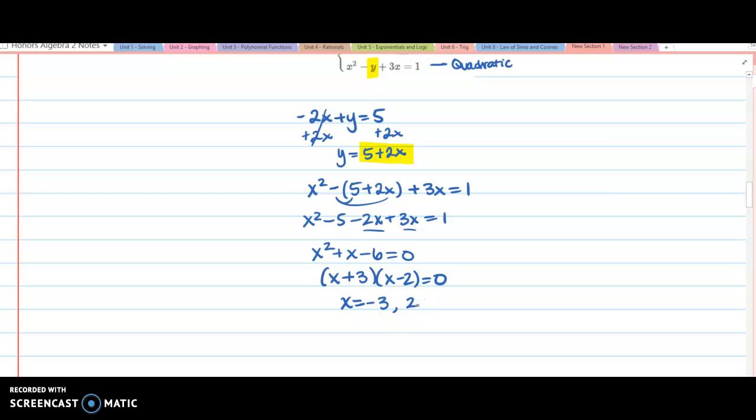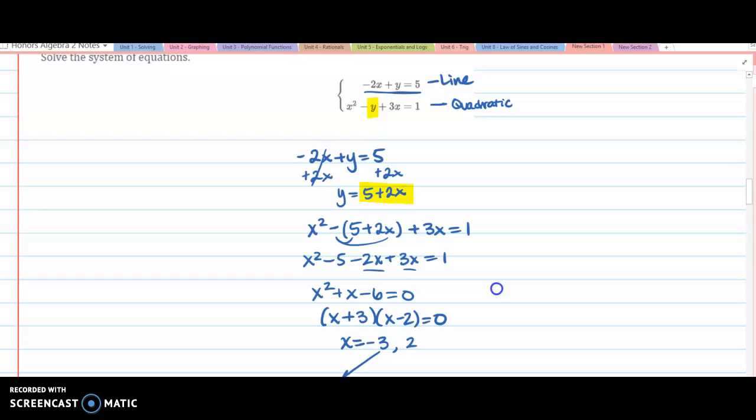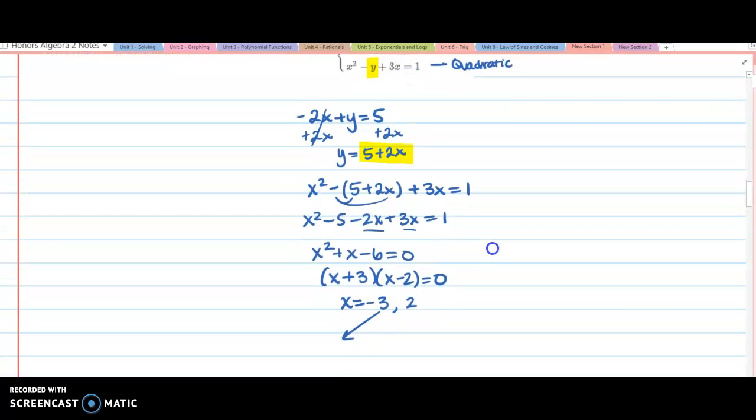Now keep in mind when I'm solving a system of equations, I'm looking for an ordered pair, a point where the two graphs intersect. So I have the x values. I still need to find y. So looking at each of these x values one at a time, I'm going to take the easier equation, the linear equation, and substitute the negative 3 for x.